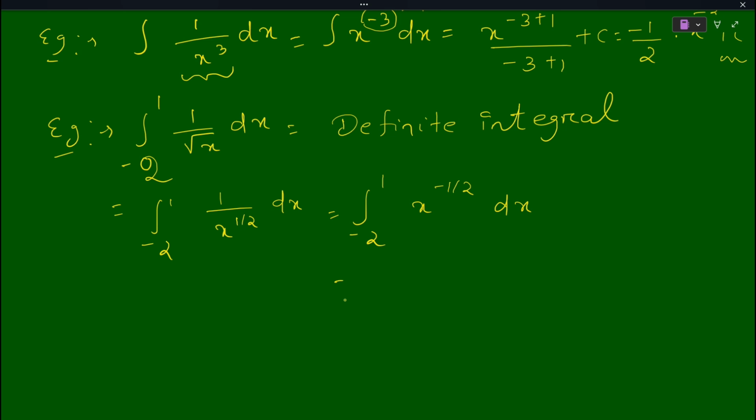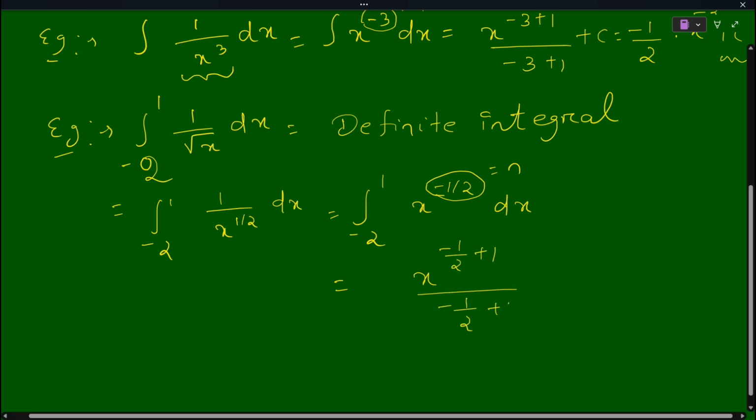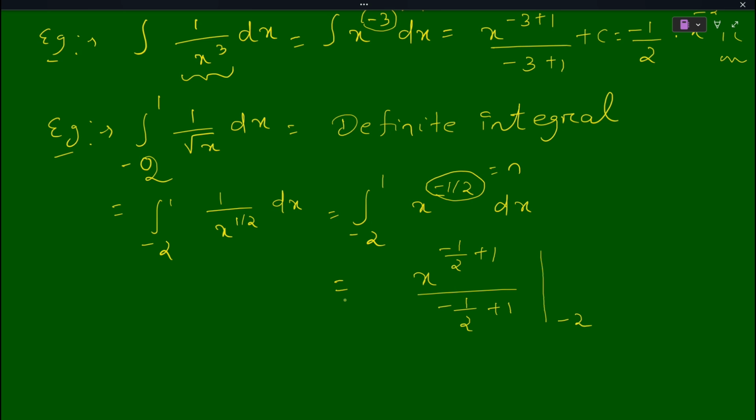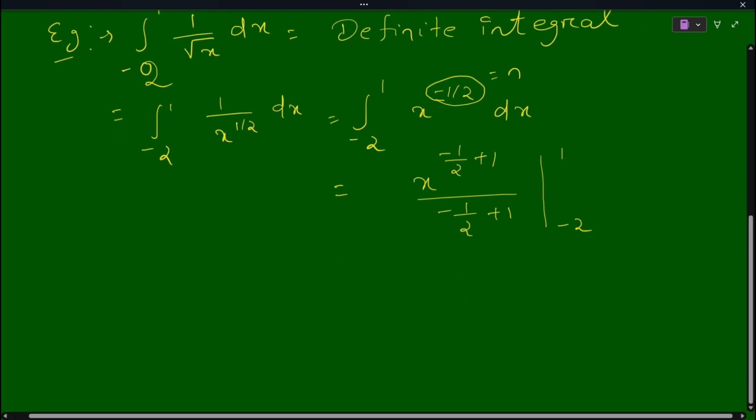Now here the n value is minus 1 by 2. So after integration, this integration value will be x to the power minus half plus 1 by minus half plus 1, and now the limit value will come to the right hand side, and here this value is minus 2 to 1. Okay, so now let's simplify this value.